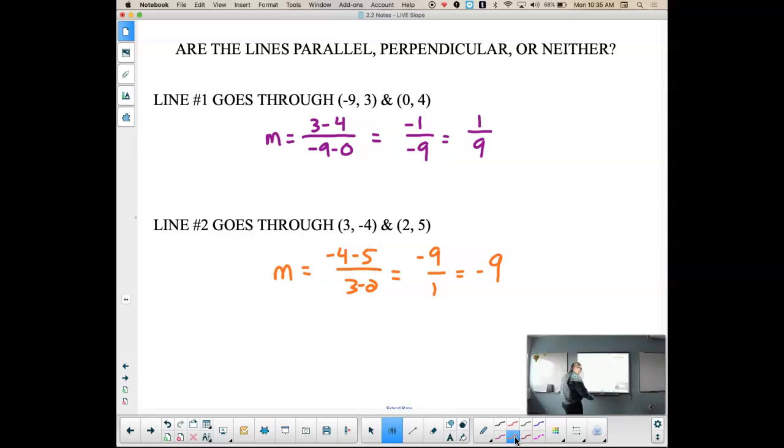They are not the same. They are not parallel. The reciprocal of 1/9 is 9. So they are actually opposite reciprocals. So these two are perpendicular there. Yeah. Perpendicular for that one. Yeah. Love it.